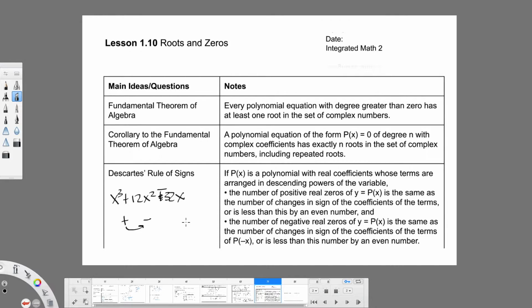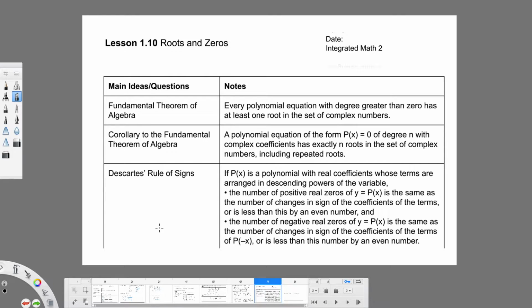So if there's one change, then we have one root, the same as this number, or it can be less than this number by an even number. If it's 1, it couldn't be less than this. It would have to be just 1. But if you had 3 changes, then it could be 1 root instead of 3. And this is talking about real roots. So this is mixing the two ideas of real and imaginary, which we haven't done for a while, so I'm going to have to remind you what that looks like on the next page.